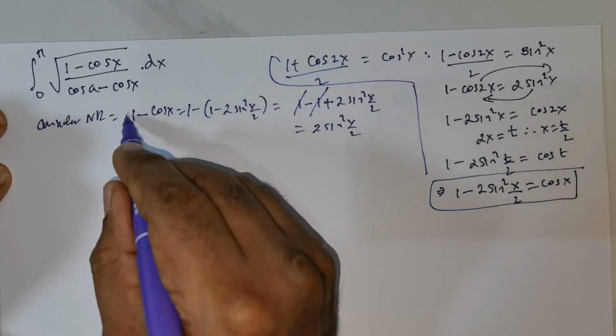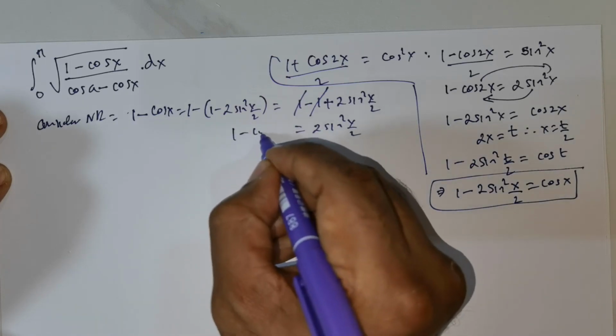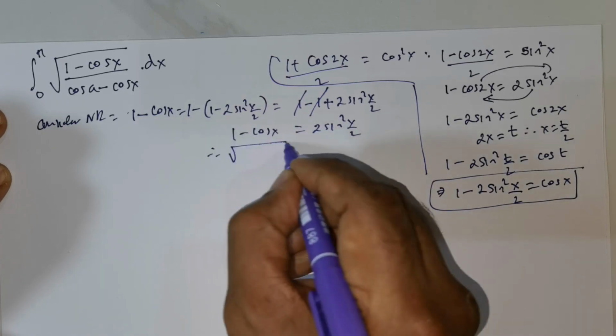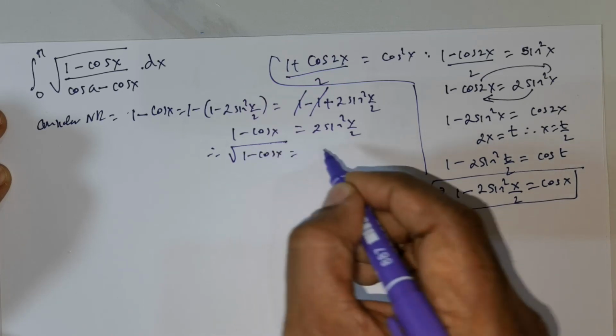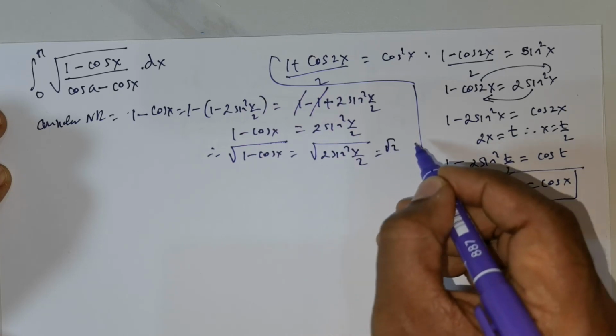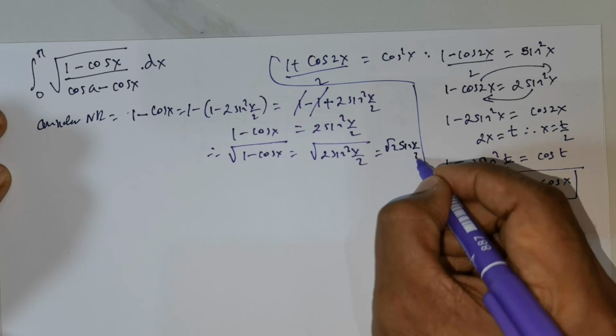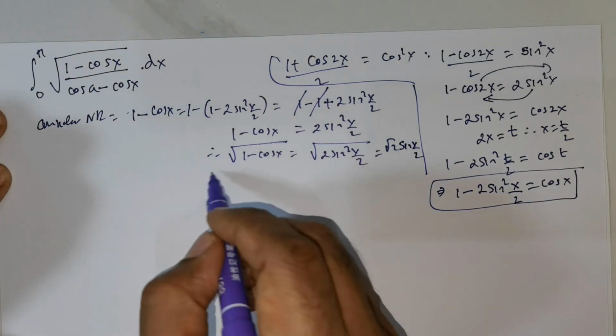Now what is this numerator? This is 1 - cos x. So if 1 - cos x is this, therefore the square root of 1 - cos x is going to be the square root of 2 sin squared (x/2), which is going to be root 2 times the square root of sin squared (x/2), which gives us sin (x/2). Fair enough. So this is our numerator.